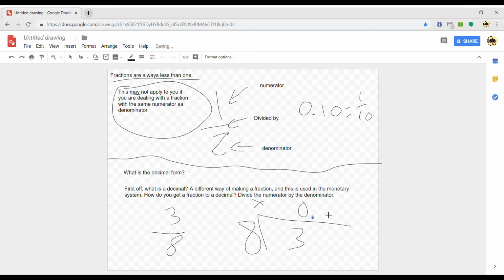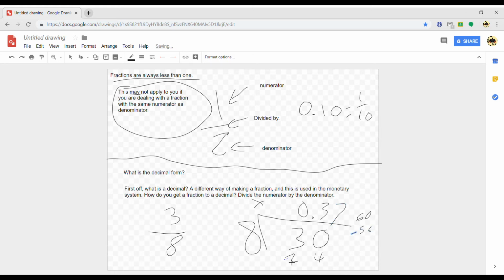And yeah, so 0 and 8 goes into 30 3 times, because that is 24. And that would make 6. Now I'm going to continue it over here, so 6D. And then that goes in 7 times, because that is 56.